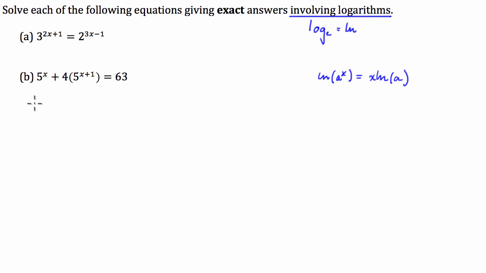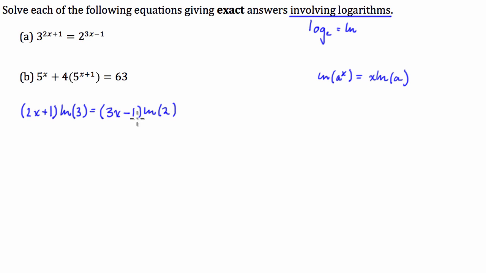So we're going to say that 2x plus 1 ln of 3 is equal to 3x minus 1 times the ln of 2.